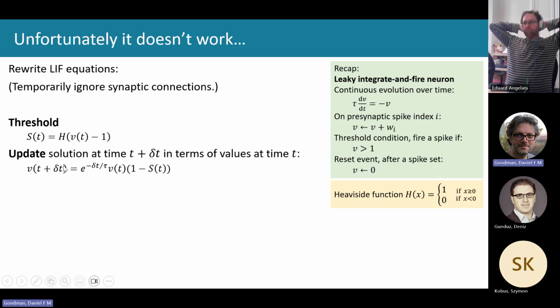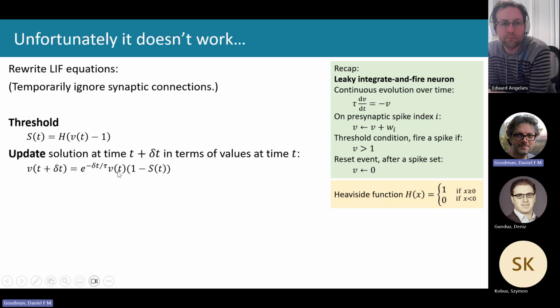Now we can think about updating the solution as we go from time t to time t plus delta t by an equation that's something like this, right? V at time t plus delta t, well, you've got this exponential decay, e to the minus delta t over tau, times the value at time t. But then we also have to multiply by whether or not we spiked. So if we had spiked at time t, then s of t will be equal to 1.